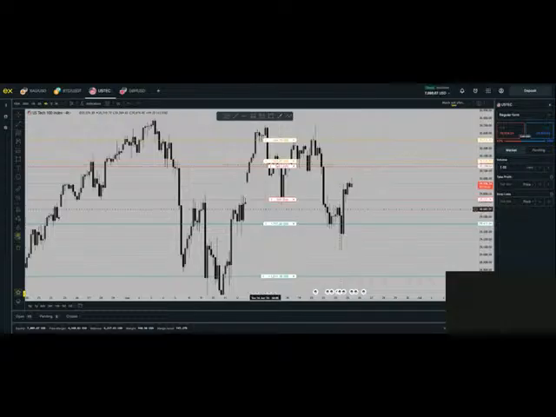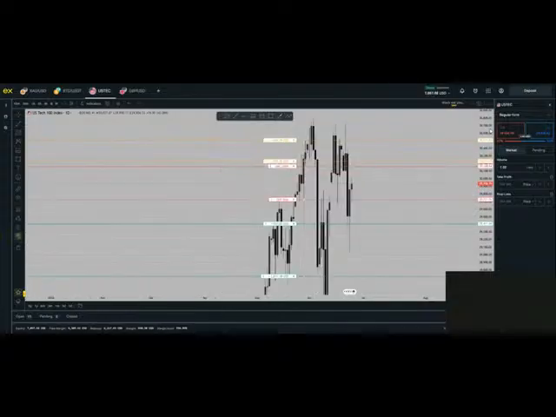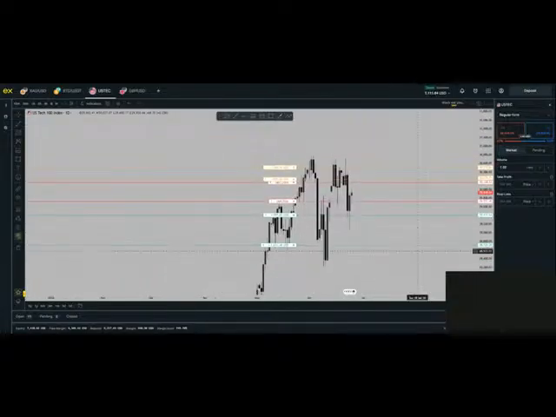But since price rejected from this area of imbalance and pushed so hard like this, as we can see on the daily time frame, this could be price just rebalancing this price range right here. And around this breaker block, where price broke out, this could be a correction.